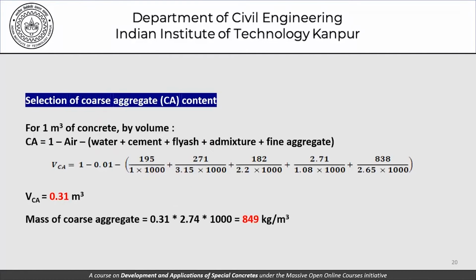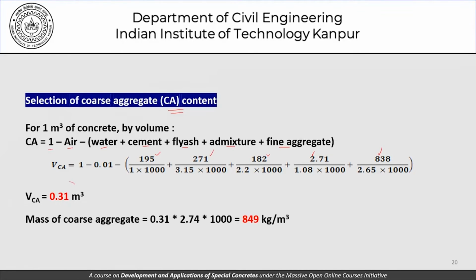So having said that, the coarse aggregate content is now getting fixed because this is nothing but 1 unity minus the air content minus the content of water, cement, fly ash, admixture and fine aggregate. So if we subtract all this from here, 195 that is water, 271 is cement, 182 is fly ash, 2.71 is my admixture and 838 is my fine aggregate, that is sand.